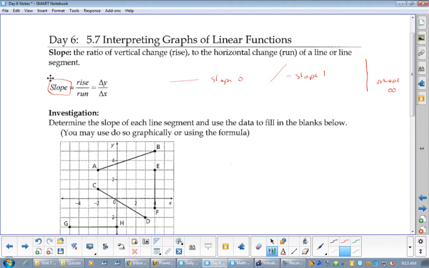Actually, I want to put one more on. I want to do this one, because that is slope -1. Okay?